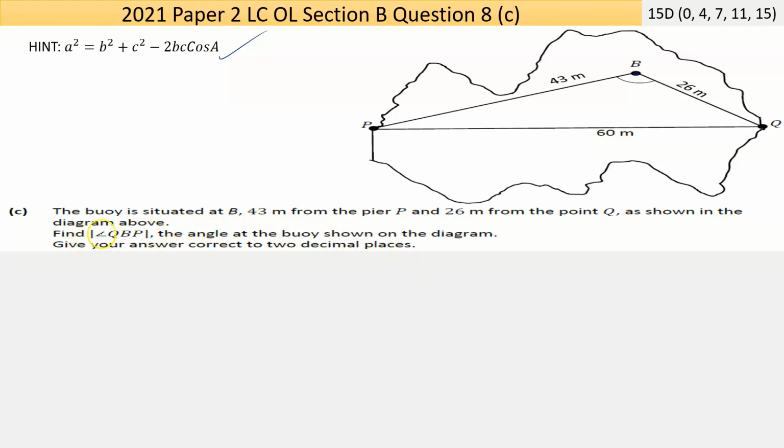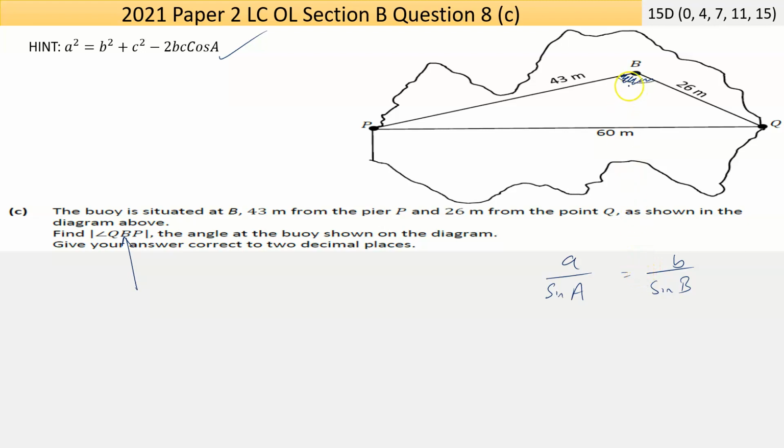It then says find the angle QBP. The B is what's important. Find this angle here. Give your answer to two decimal places. I would try the sine rule first. The sine rule is a over sine A equals b over sine B. So there are four unknowns here. If I know three of the four things, I can use algebra to find the missing thing.